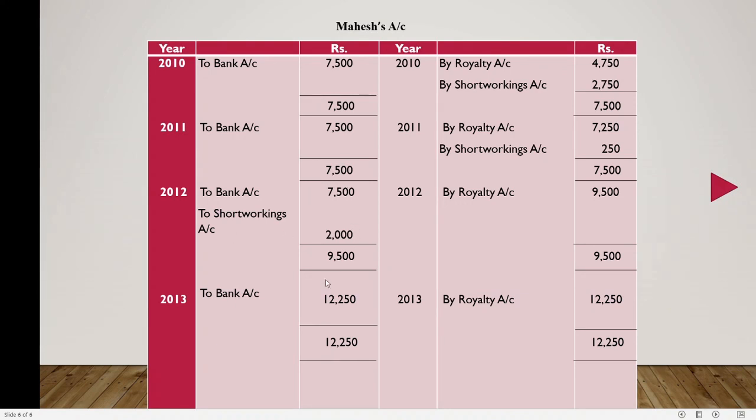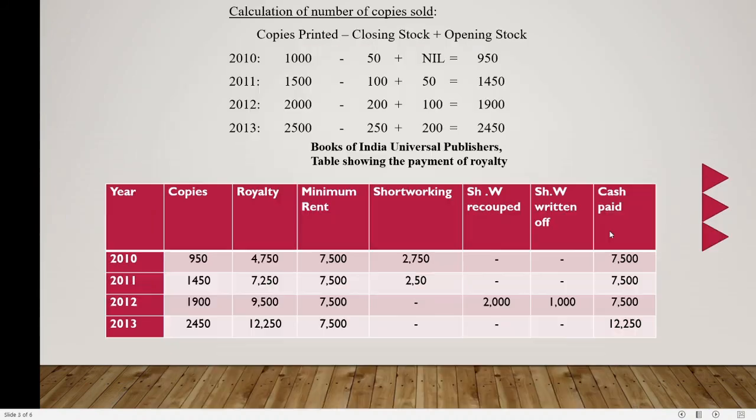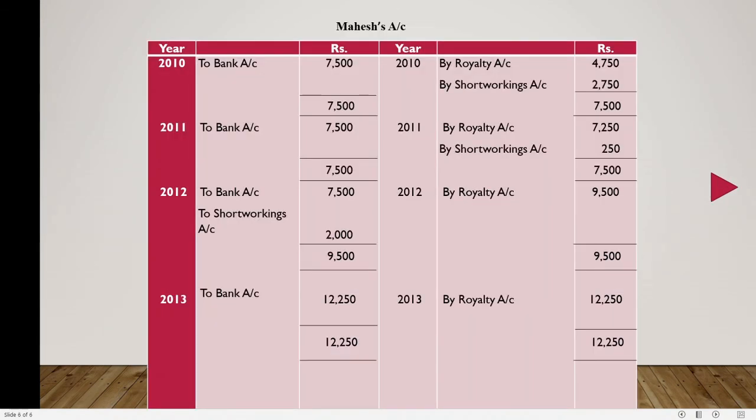So now total 9,500. Next year 2013, by royalty account, no short working, no short working recoupment, no short working returned. So by royalty account 12,250. Cash paid to lessor 12,250, to bank account 12,250. Total 12,250.